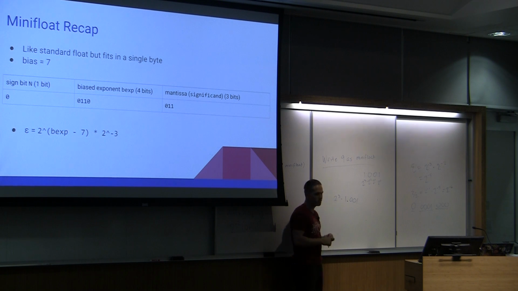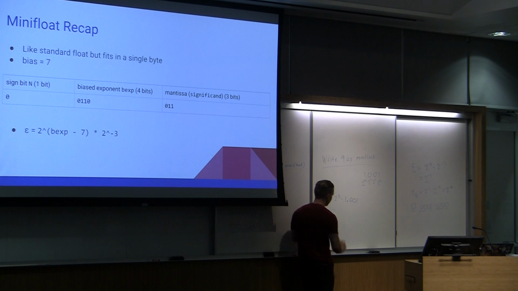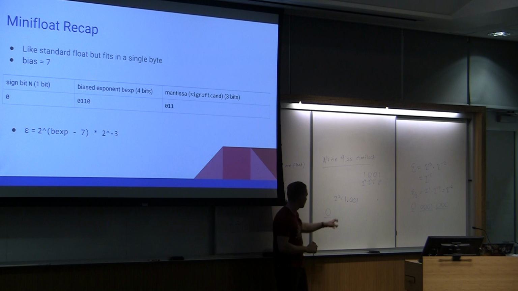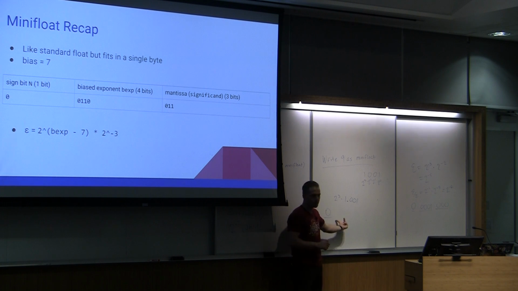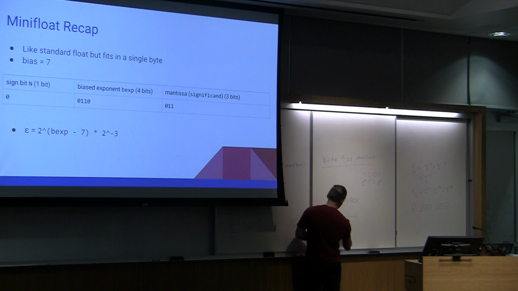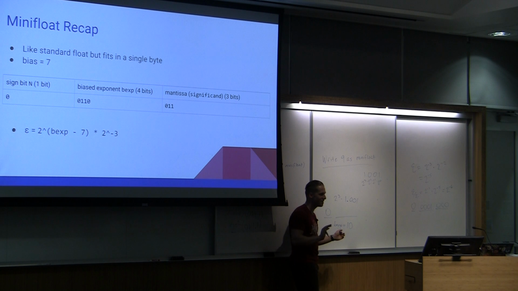The steps here will be the same as before. I'm going to write the sign bit, which is 0 because our mini float is positive. Then I need to figure out how to write the number 3 as the biased exponent. So I'm going to add 7 and 3 and get 10.